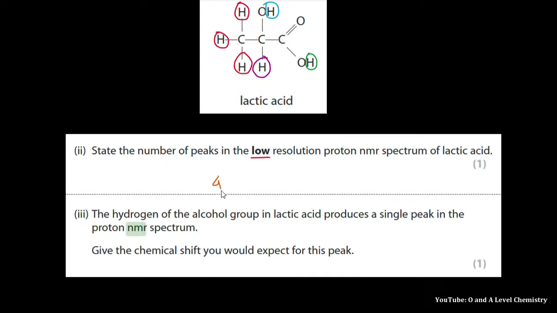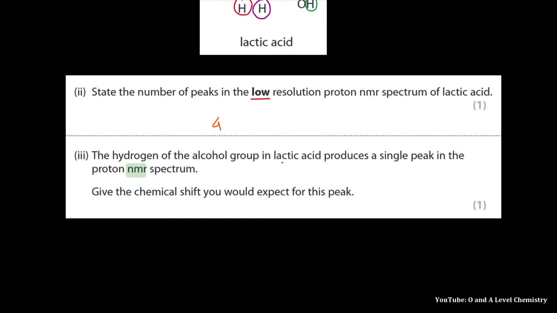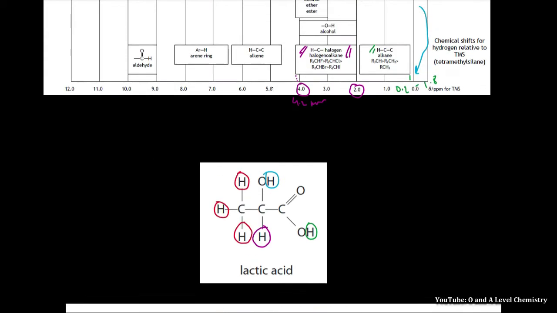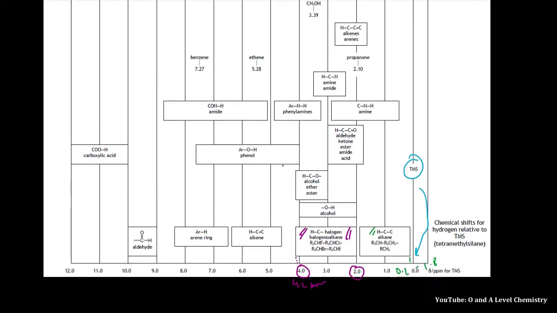So this is 4. And then it asks, the hydrogen of the alcohol group in lactic acid produces a single peak in the proton NMR. Give the chemical shift you would expect for this peak. So this is the alcohol group. I'm going to go into the data booklet and I'm going to see that the H of the alcohol is in the range between 2.0 to 4.0.